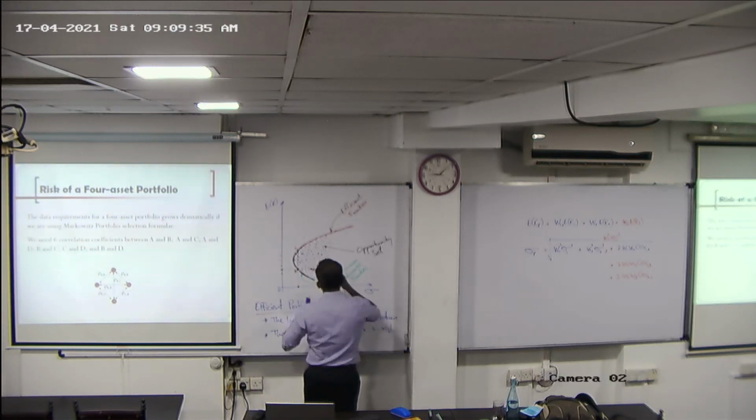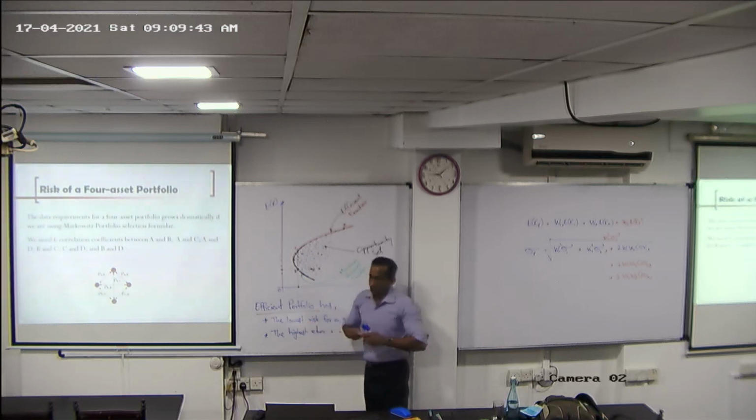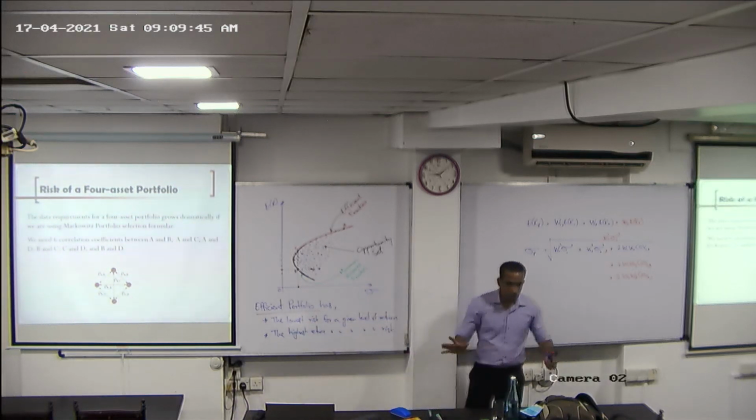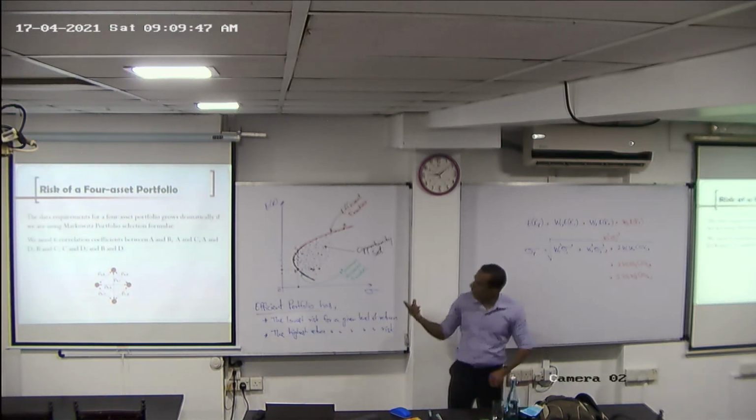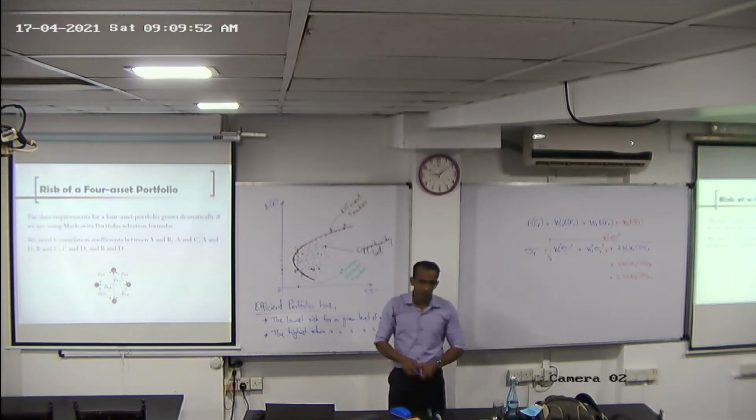And when you have to compare portfolio C and D, which one is better? A and B, B is better. B and C, C is better. C and D, which one is better? Yeah? C is better.